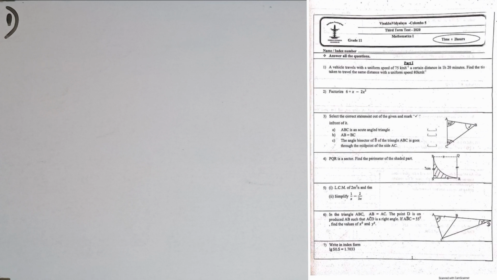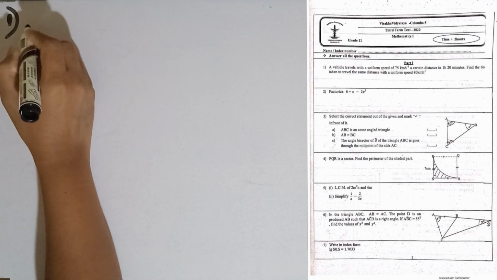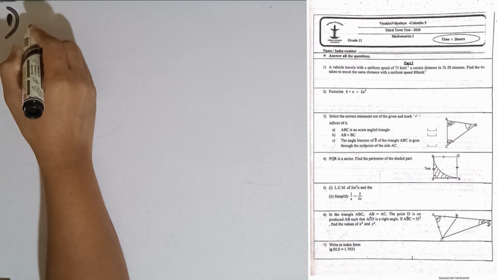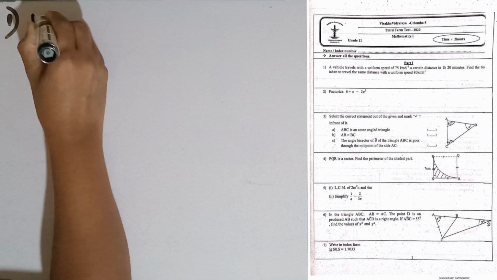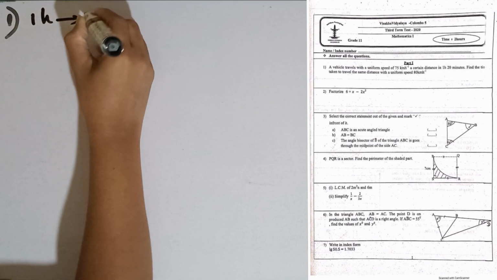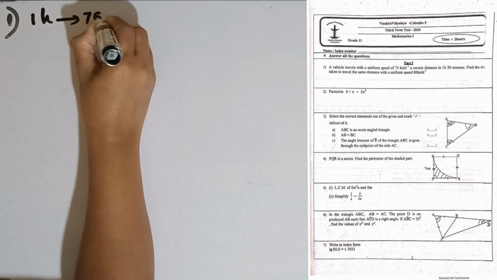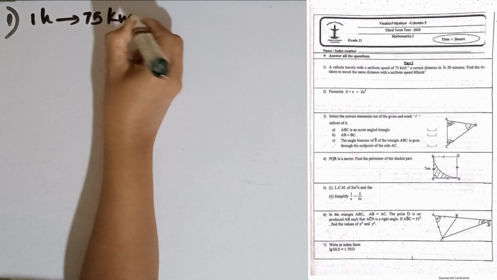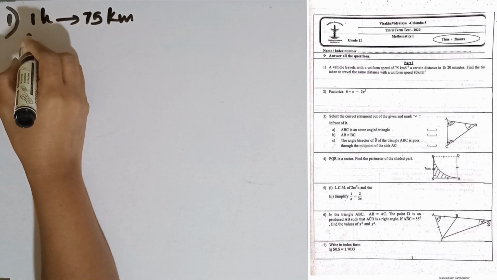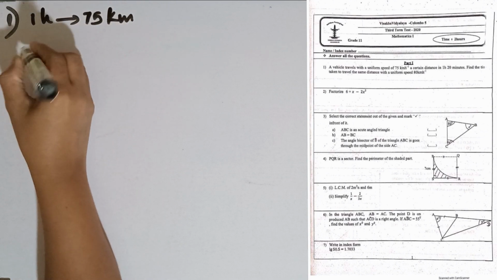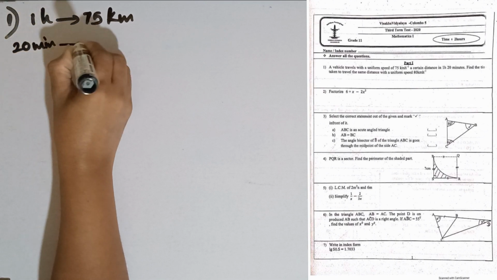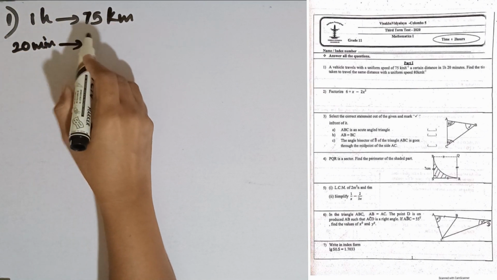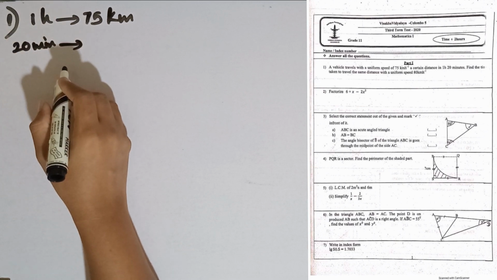Within 1 hour it goes 75 kilometers. Then 20 minutes is equal to 1 over 3 of 1 hour, one third of 1 hour.